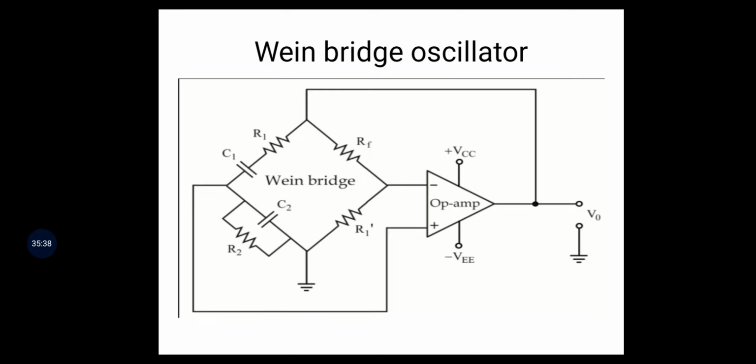In the feedback network, the two resistances are not equal: there are R1 and R2, and the capacitors are C1 and C2.